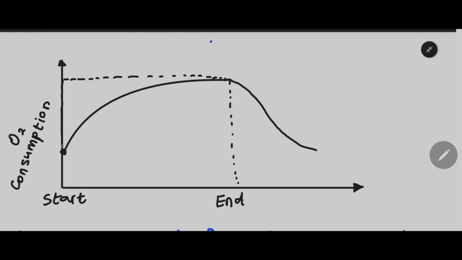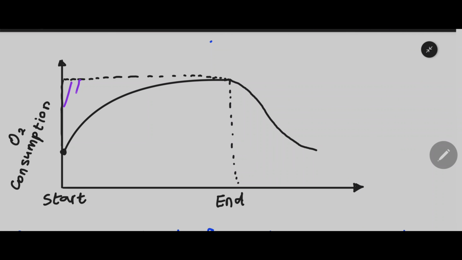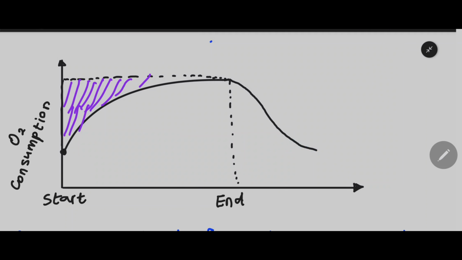This gap right here, which I'm gonna shade in purple, this purple gap right here represents something known as oxygen deficit. And this oxygen deficit basically means your body can't take in oxygen quickly enough to match the demand for oxygen of the activity that you are doing. So this is the oxygen deficit.